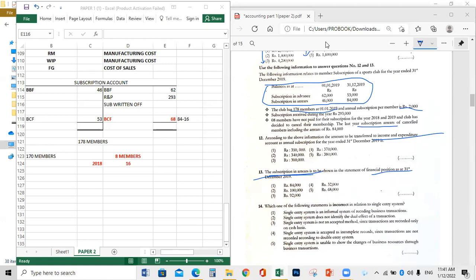Okay, the ones who say 16,000, why do you say it's only 16,000 and not 32,000? What's the reason? Why do you say 16,000 and not 32,000? Yes? Can you all say? Why?